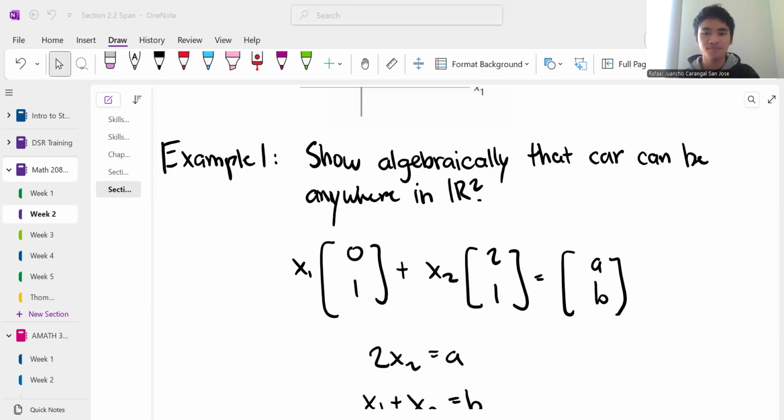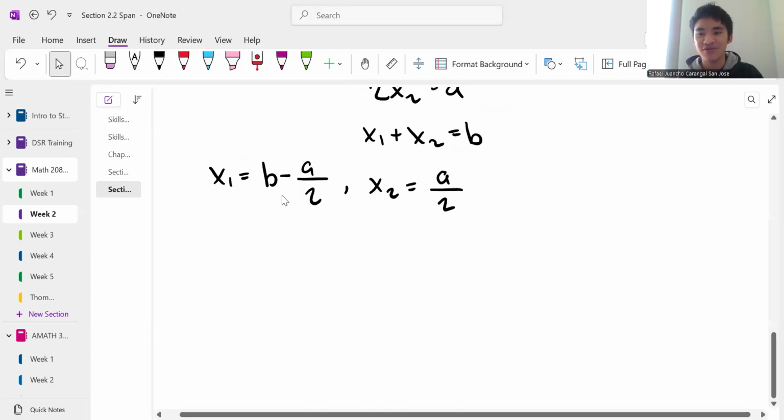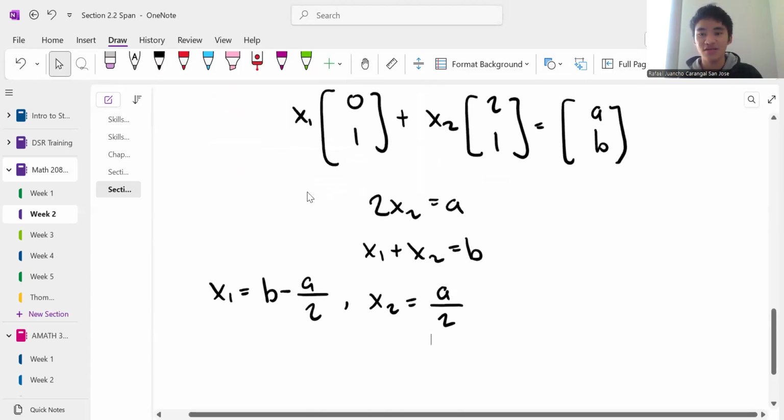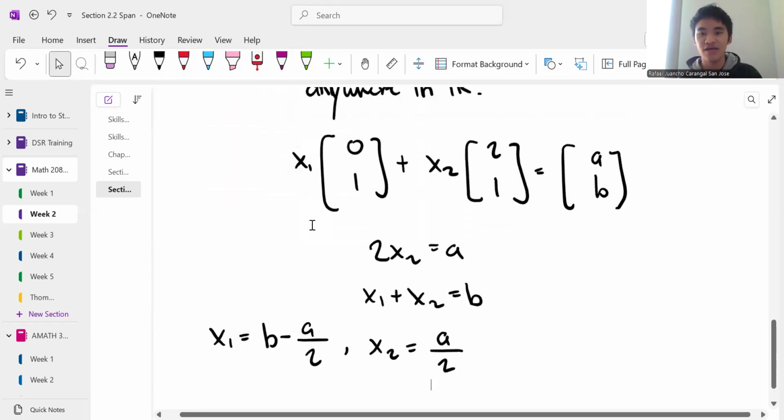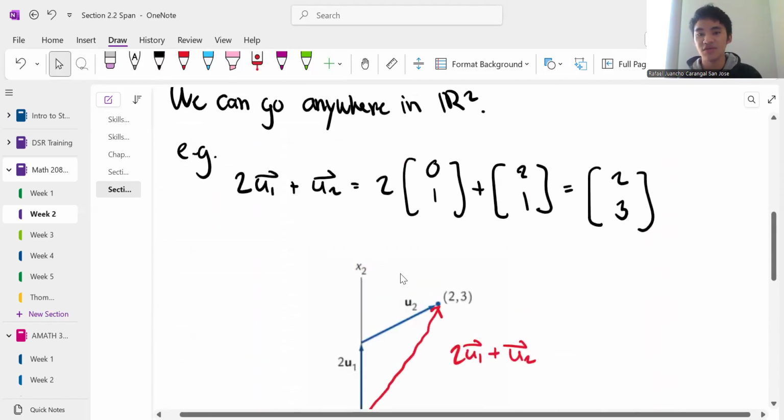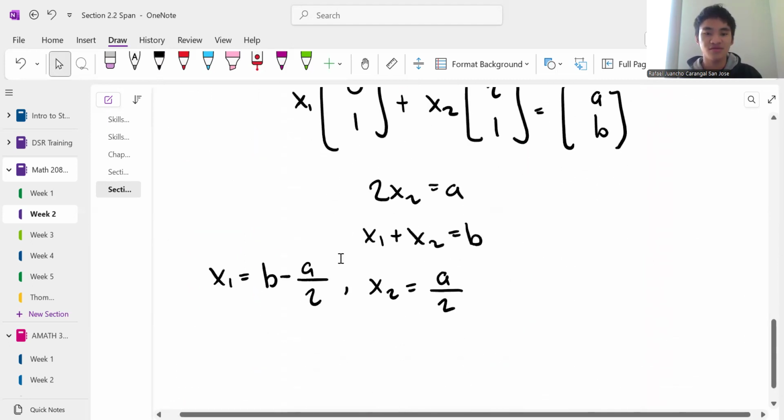Okay, so what does that mean if it can go anywhere in R2? Well, the only reason why it can is because we have a unique solution here. This is a unique solution, right? We can plug in anything for A and B. Say we plug in this 2 and 3, and then we can get these scalars, right?